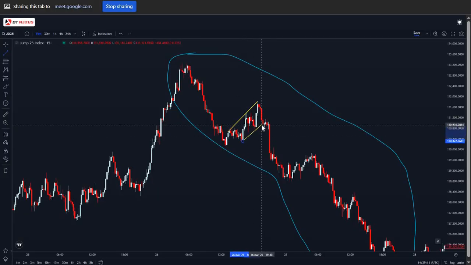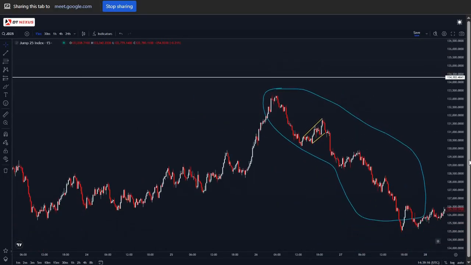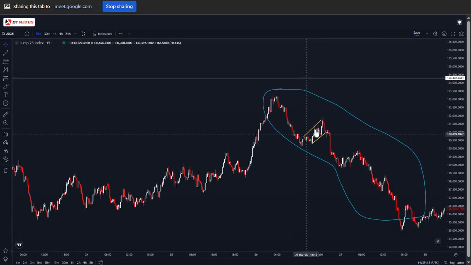Once we break, I'm entering. Once I see 1, 2, 3 breaks of structure, I would have entered here, and I would have crawled until maybe here, maybe this area here, which would have been a decent amount.